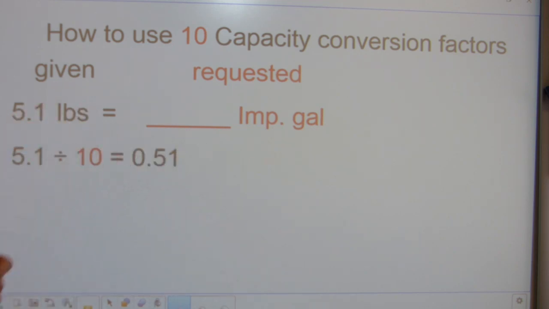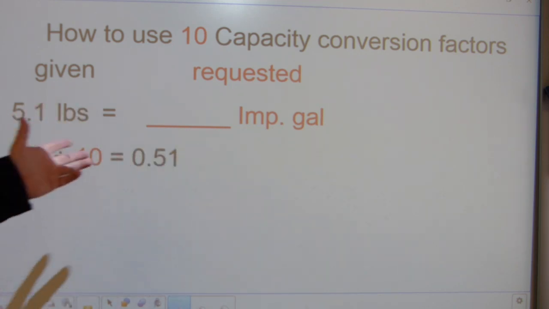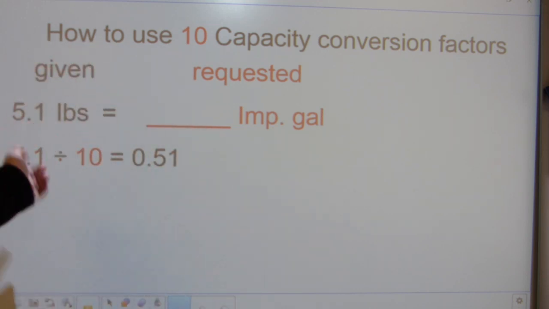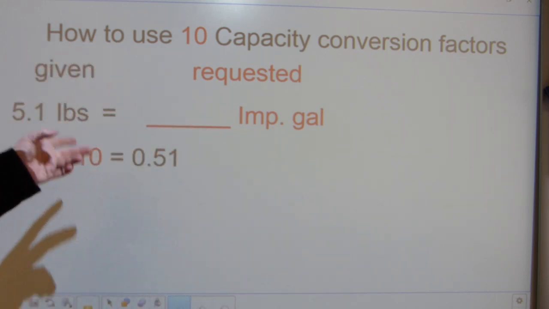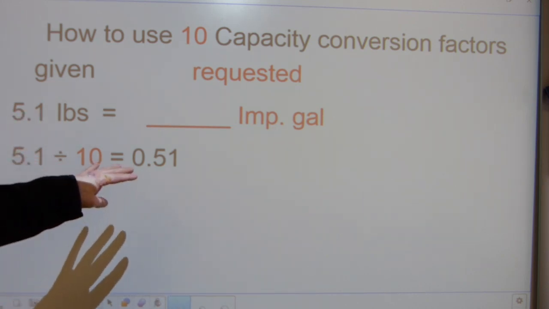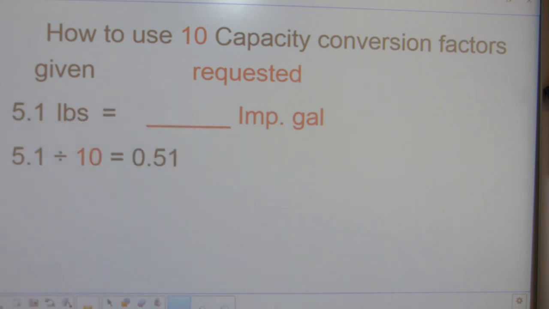In this conversion practice problem, the imperial gallons and the pounds are listed in reverse order. That's why this is a division problem. Okay, I hope that makes sense. It's fairly straightforward. Again, copy the number accurately once, do the calculation correctly, then copy the number back into your answer line without typos. Fairly straightforward.